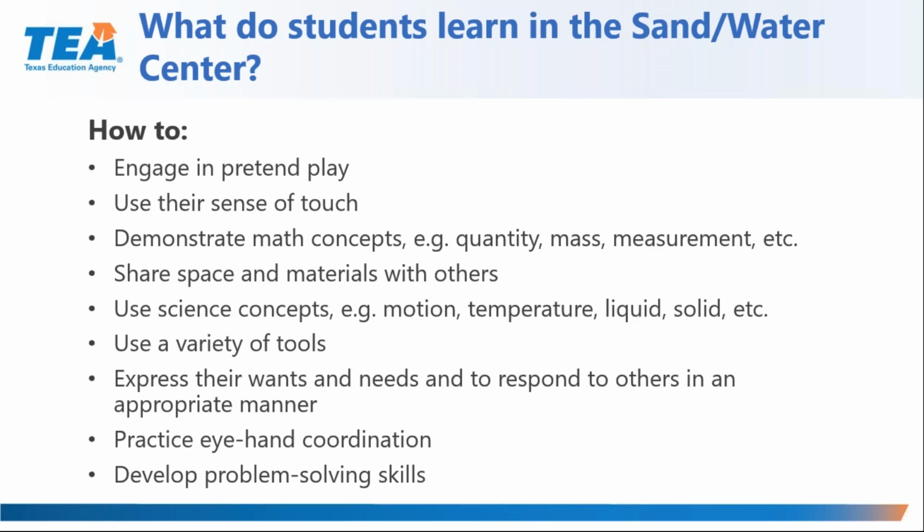They're using science concepts, motion, temperature, liquid, solid, whatever; depending on what you have in there depends on what kind of science skills they're using. They're learning to use a variety of tools. They're expressing their wants and needs and learning how to talk with others in an appropriate way. They're practicing hand-eye coordination, and they're developing problem-solving skills.